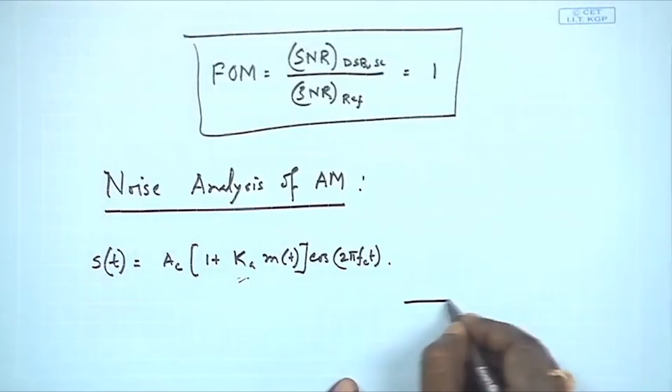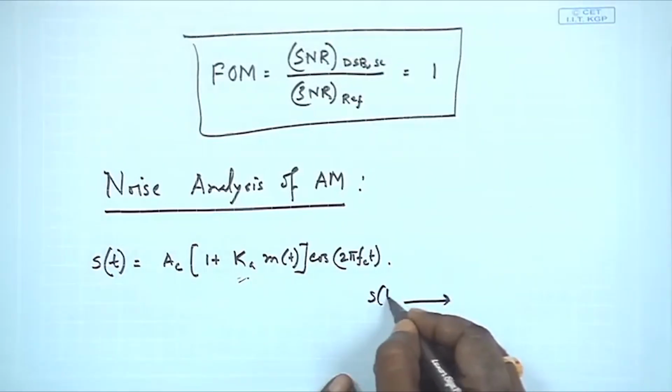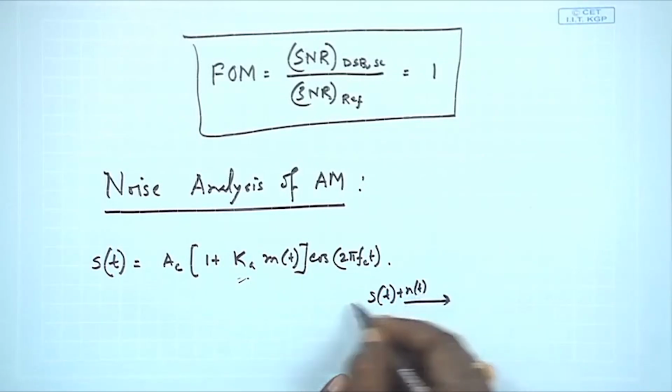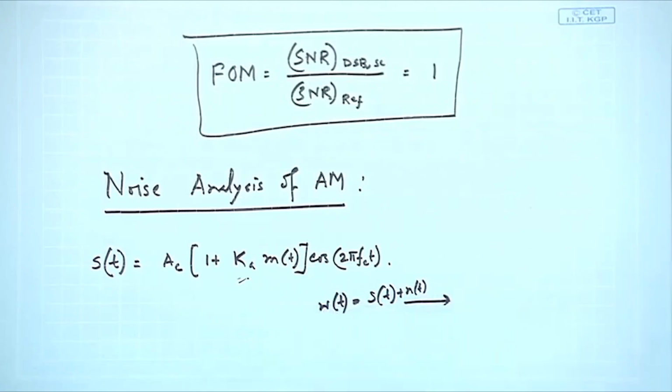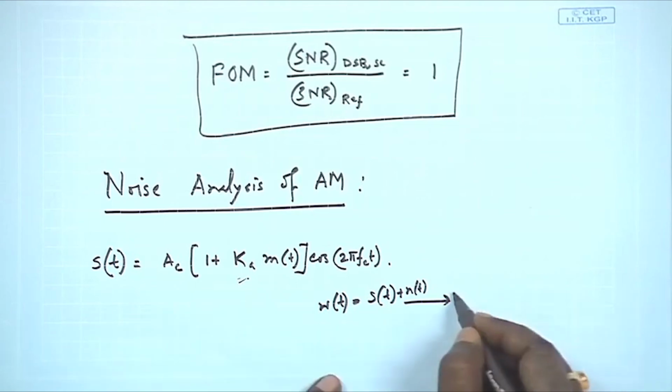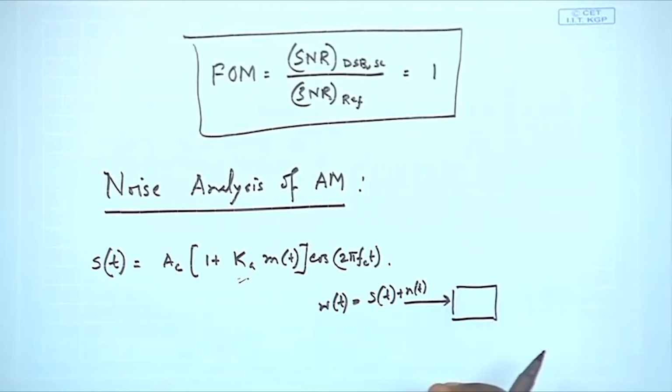Corresponding demodulation, the demodulation of AM was easier. What we did is something like this. You have this S(t) plus noise, which is let us say W(t), coming through the channel. At the receiver, what do you do? You first put a band pass filter, any receiver will have one, that is guaranteed, because you want to reject the noise as much as you can.